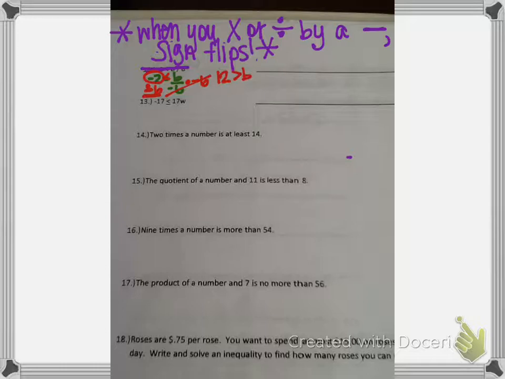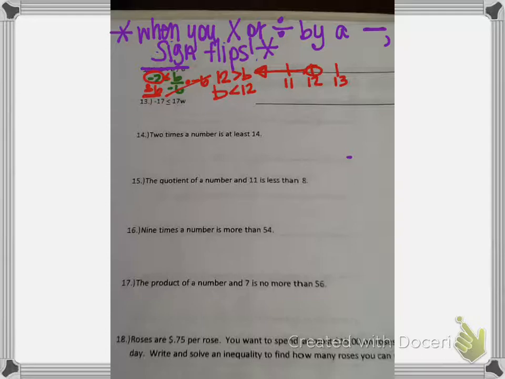So now, to graph this, I would want to change it. B is less than 12. So I'd have an open dot going to the left. So our inequality flips when I multiply or divide by a negative.